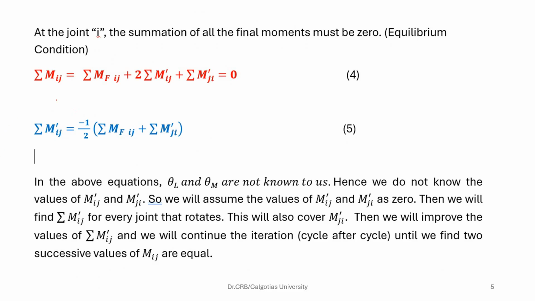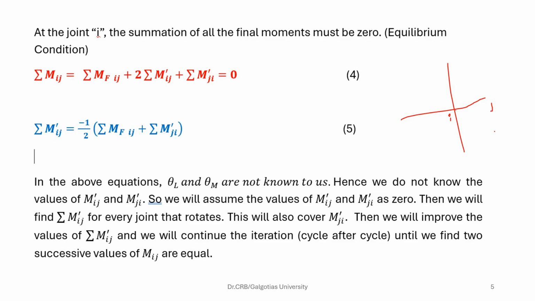Now this was for only one member, LM. If you have many members like this, then you can write M IJ equals the summation of all fixed end moments meeting at the particular joint plus 2 into the summation of all rotation contribution factors of the near end.